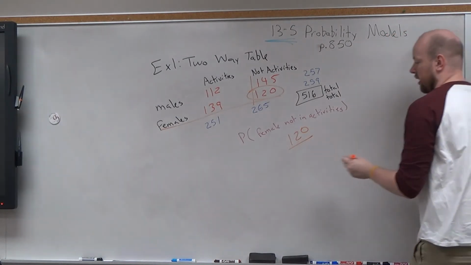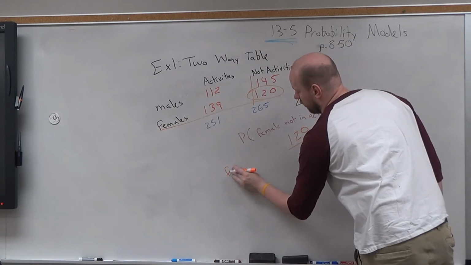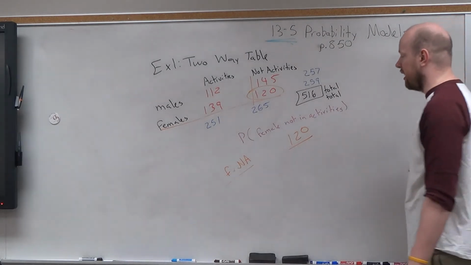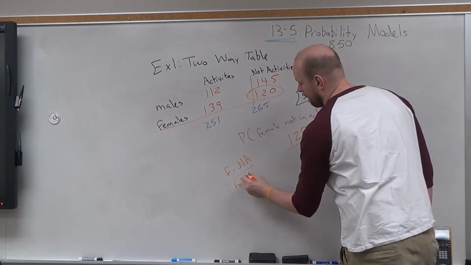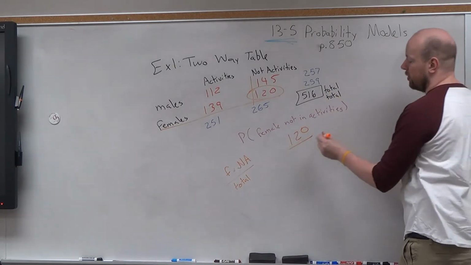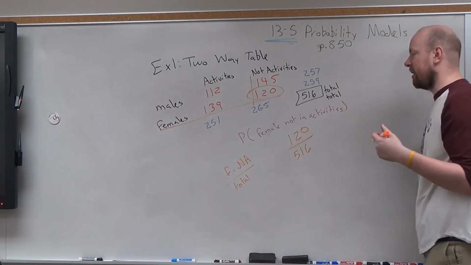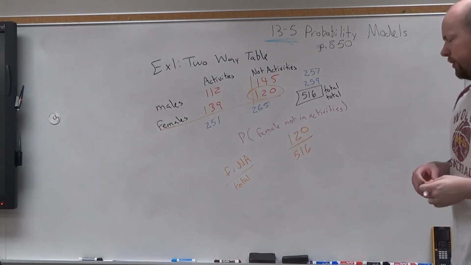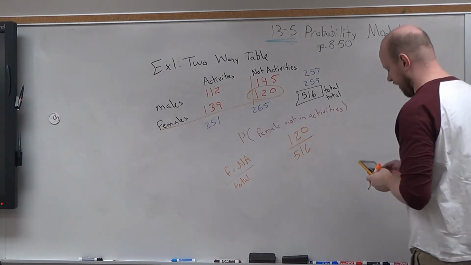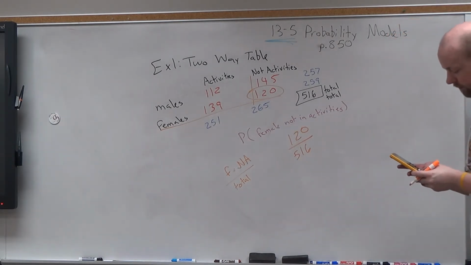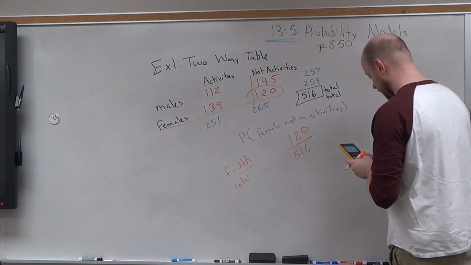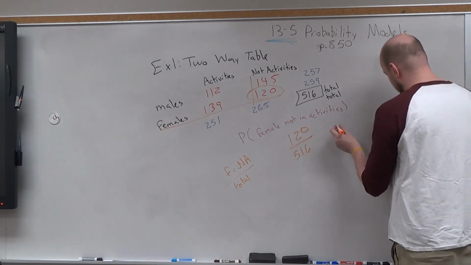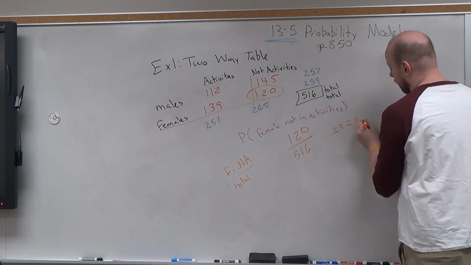And whenever we're finding probability, we take that over the total. In this case, we have to use the total, not just the female total, because we don't know for sure that we're going to pick a female if we were to randomly choose a student. So I get 120 divided by 516. So if I were to randomly choose a student, the probability to be a female who's not in activities would be 23.2%.